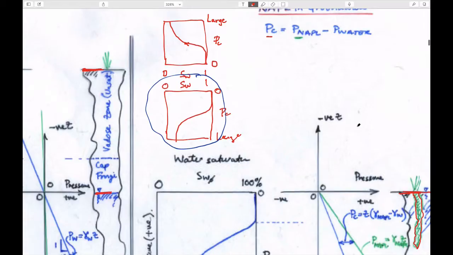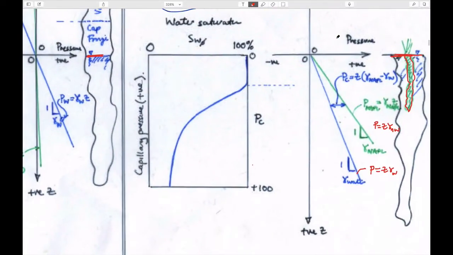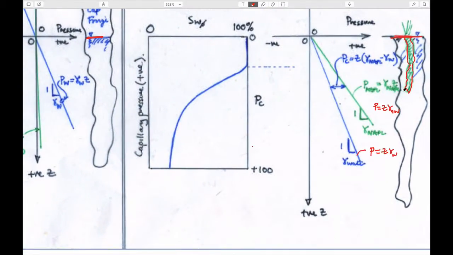Our definition of capillary pressure is the difference between the non-wetting fluid pressure and the wetting fluid pressure. And so if you look at sitting here, right on the boundary between these two fluids, in the green or in the blue, this is the fluid pressure in the green, this is the fluid pressure in the blue, water, and the difference between them by definition is the capillary pressure.